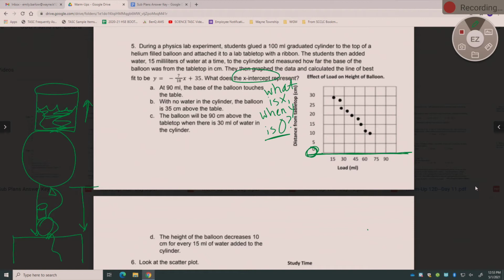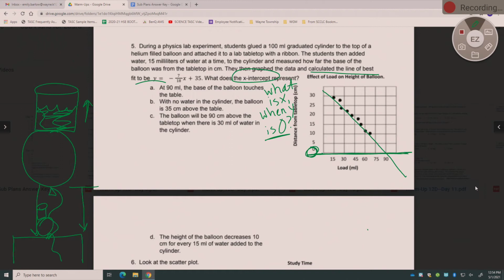The question also tells me they calculated the line of best fit. And so they looked at these points and they said, we're going to go about like that as a line of best fit.